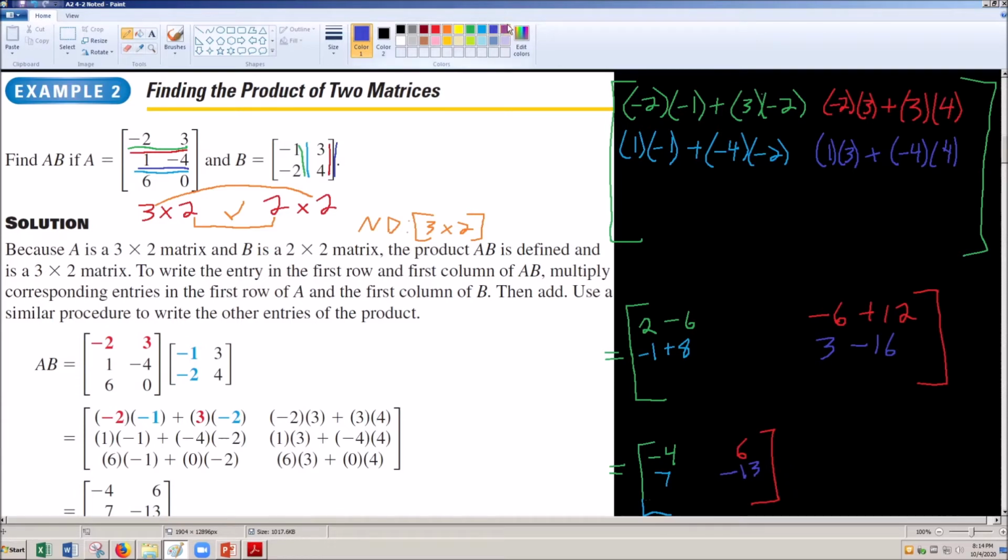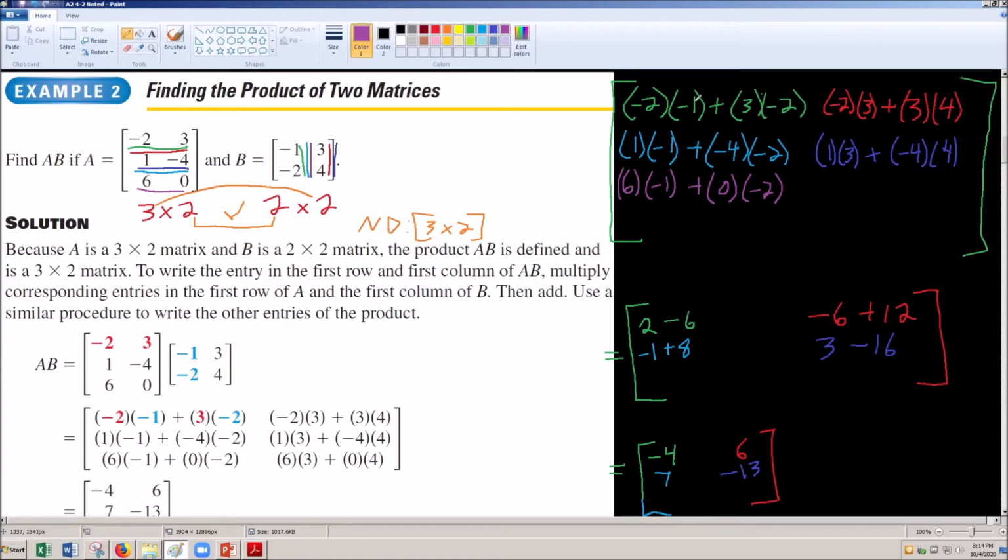Next one here, doing a lighter purple color. So I have 6 and 0 times my first column here, the -1 and the -2. Once you do a few of them, hopefully it starts becoming a little bit easier as we go through. And we see a consistent pattern here too, right? So here's -1, -1, -1, -2, -2, -2.